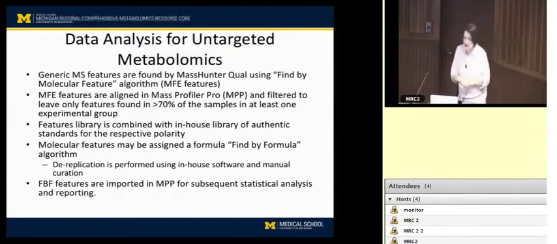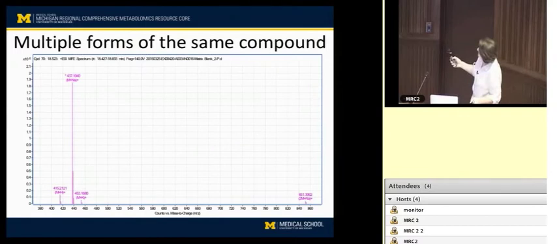Another reason is that, as we talked about, when you have the option of collapsing those features into a single feature, it's possible that this feature might become part of this feature in 80% of the samples, but for some reason the software didn't think that they were exactly coeluting, that they exactly have the same peak shape.